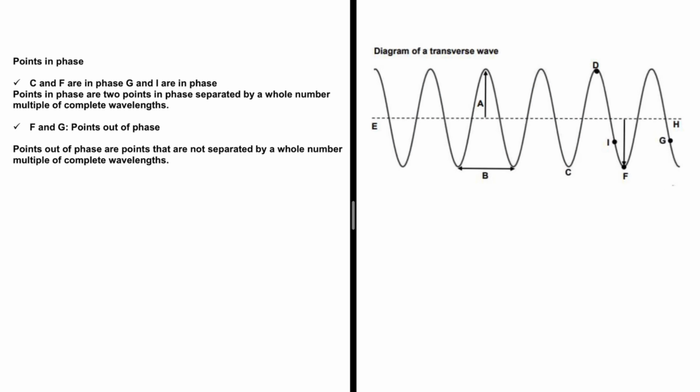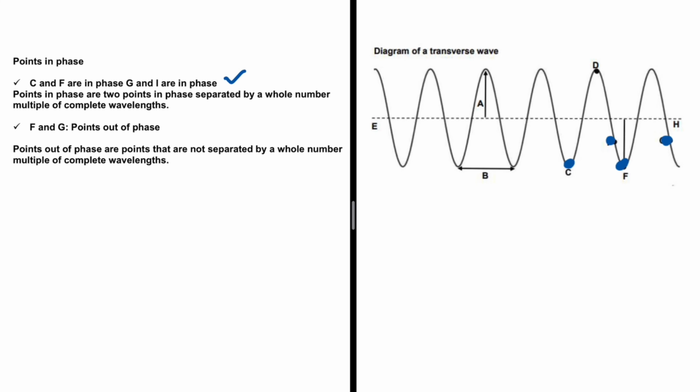C and F are in phase, just like G and I. There are also 2 points that are in phase. So let's go ahead and take a look at C and F. We are saying that C and F are in phase, just like G and I. I want you to realize something. Between C and F, there is one wavelength.